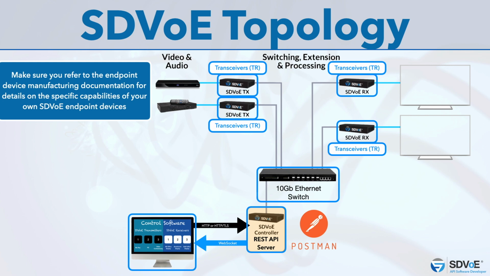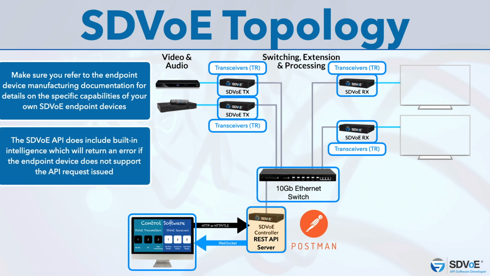It is important to refer to the endpoint device manufacturing documentation for details on the specific capabilities of your own SDVoE endpoint devices. The SDVoE API includes built-in intelligence, which will return an error if the endpoint device doesn't support the API request being issued. However, we should avoid this by making sure that we're fully prepared.